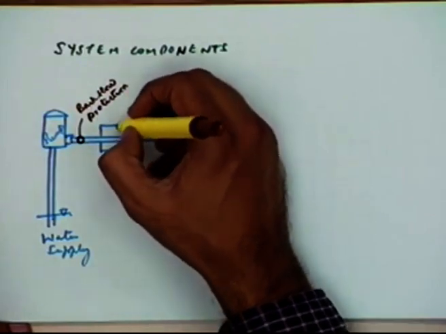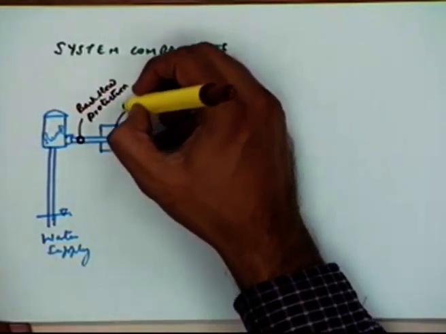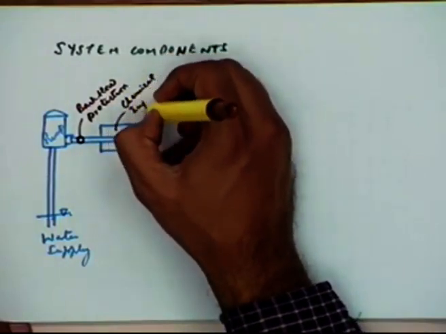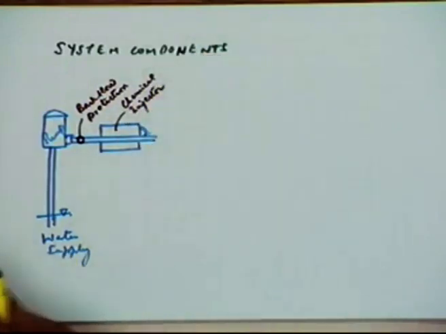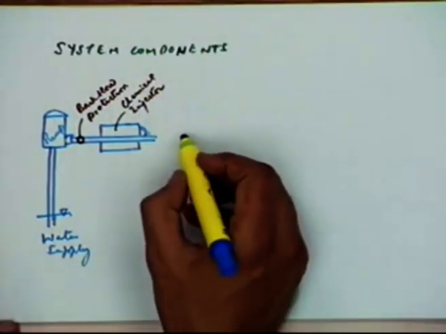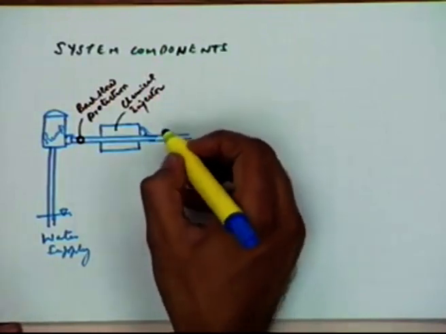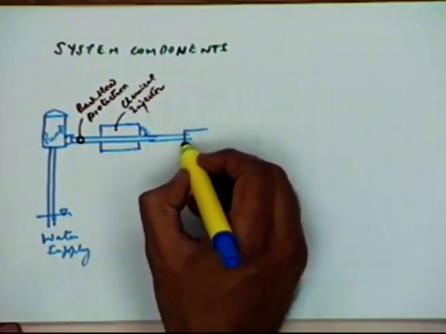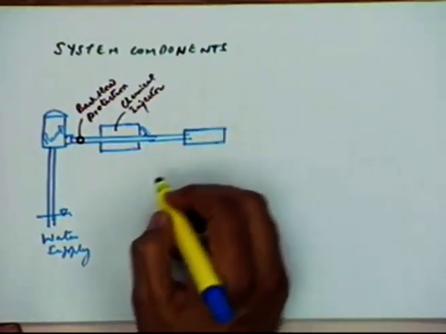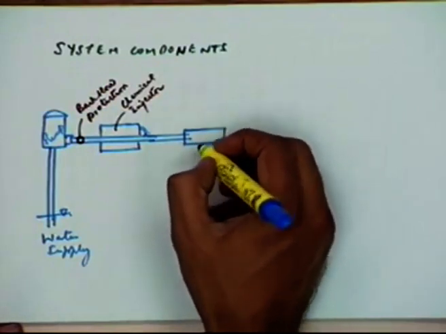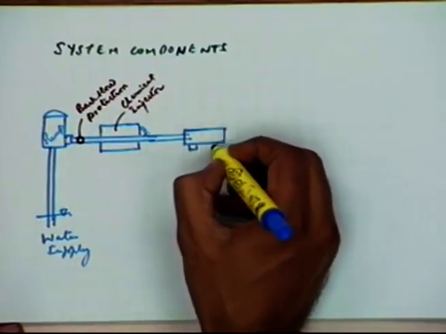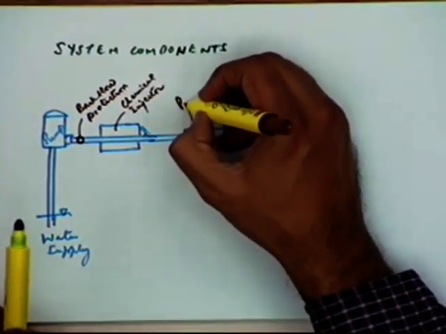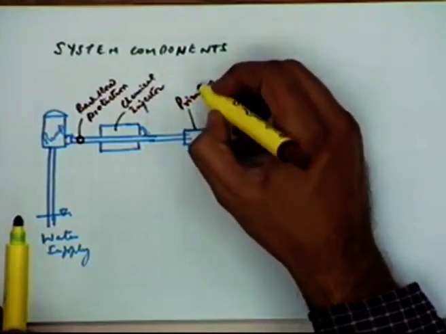So this is the chemical injector, which has to be followed with a filter. So you have a filter device here, known as the primary filter.